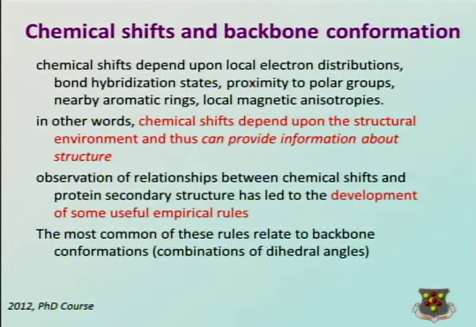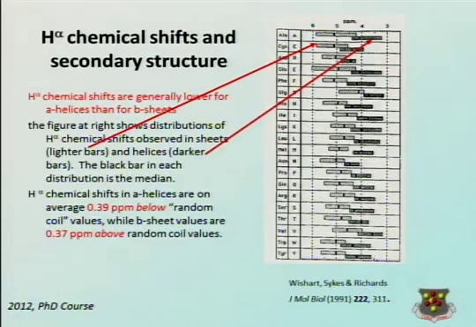Chemical shifts and backbone conformation. So this is for NOEs. The other important source of structural restraints is chemical shifts, because chemical shifts provide you insight into the secondary structural elements where your atoms are sitting, and this is a very renowned effect since the early 90s.